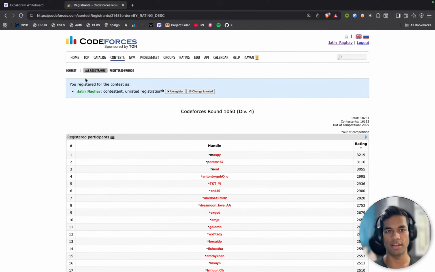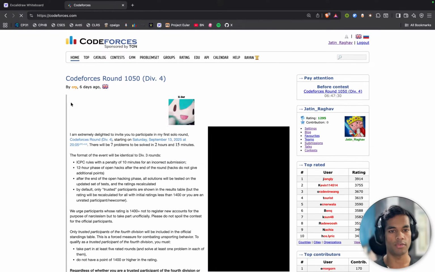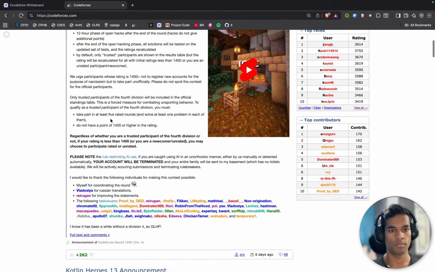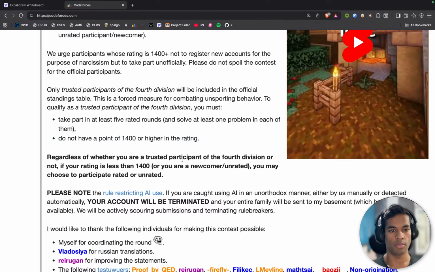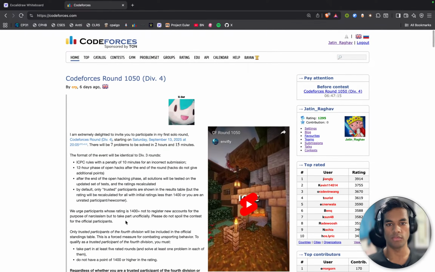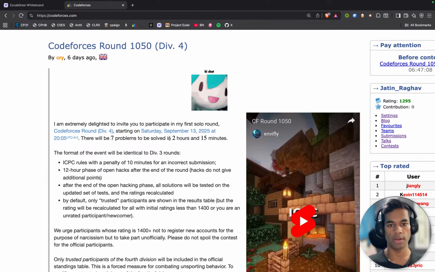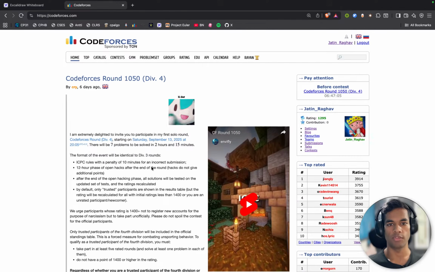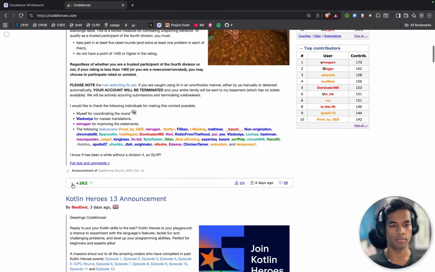That will be cool. Only this is going to be rated if our rating is less than 1400. That is fine. ICPC rules, there will be 7 problems and we will solve them in 2 hours and 15 minutes. That is cool.